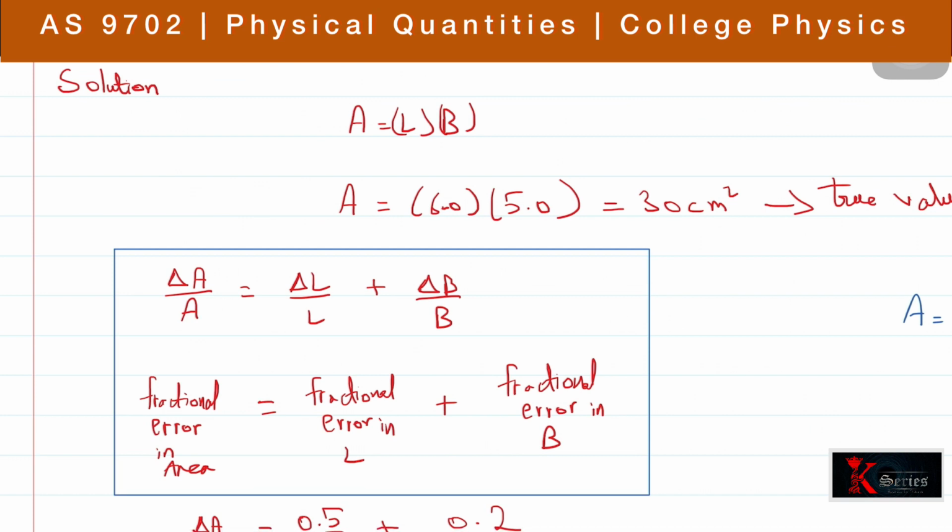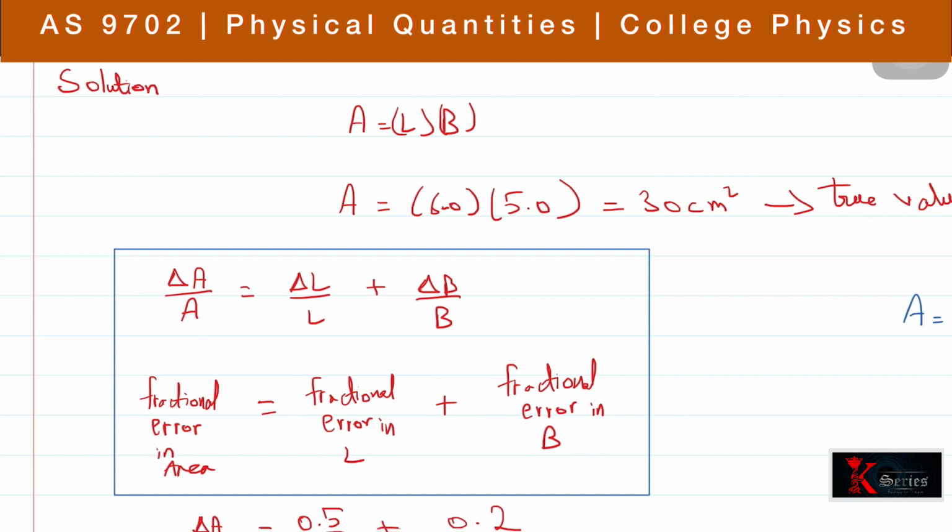Because we see that we have written the fractional error in area is equal to the fractional error in L plus the fractional error in B. So we're going to be adding both the fractional errors in L and B, and then we're going to be multiplying it by the true value of A in order to find the absolute error in A, right?